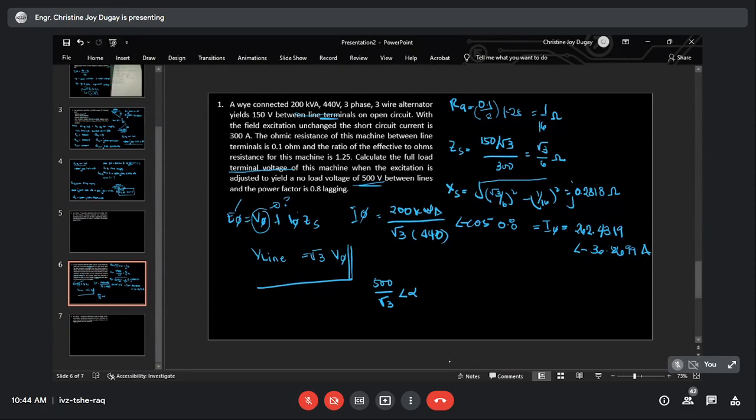That is equal to V-phase, which is angle of 0, plus I-phase, which is 262.4319 at an angle of negative 36.8699, multiplied by our Z, which is 1 over 16 plus J 0.2818. So simplify this first.